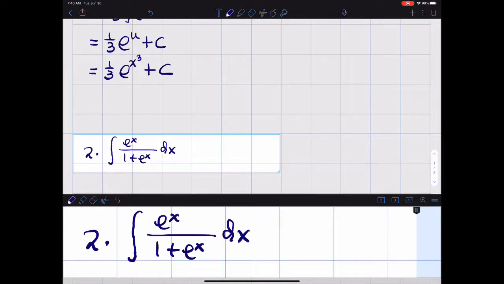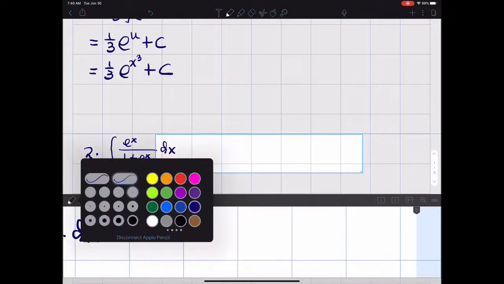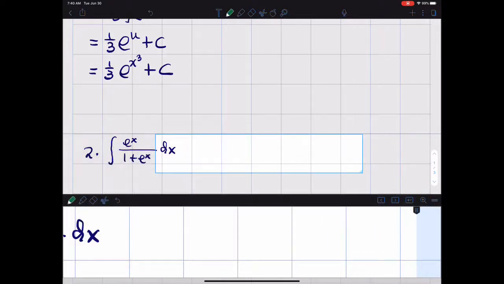If you notice, we can take our u to be 1 plus e to the x, because if we do so, its derivative is just e to the x. So let u be 1 plus e to the x.